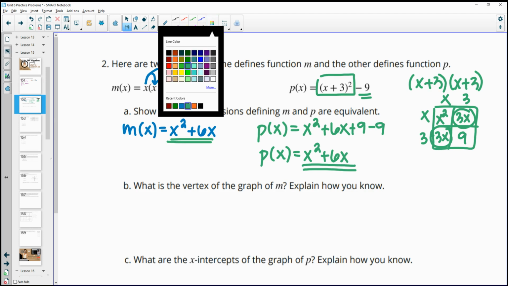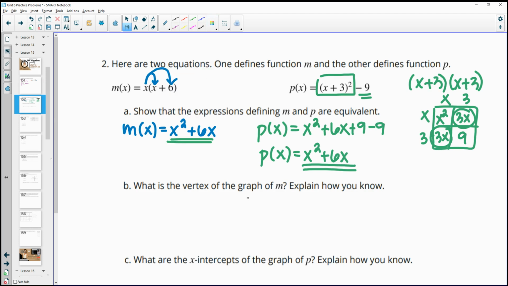Part B says, what is the vertex of graph M? So if these are equivalent graphs, okay, and so the vertex, we can actually find the vertex from P, and we know it's going to be the same as M because these are equivalent. So if we look at the vertex here, it's going to be the opposite of this number for your x coordinate.